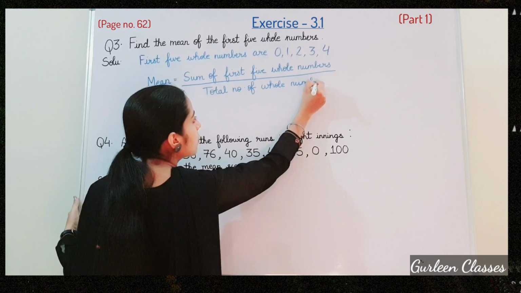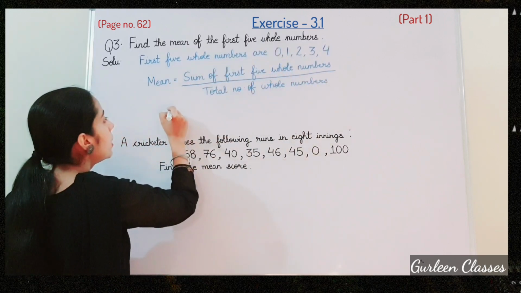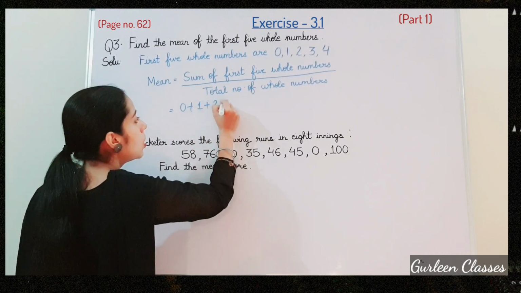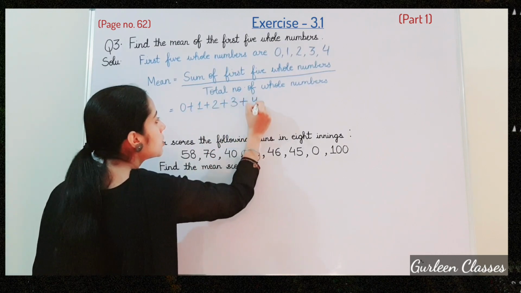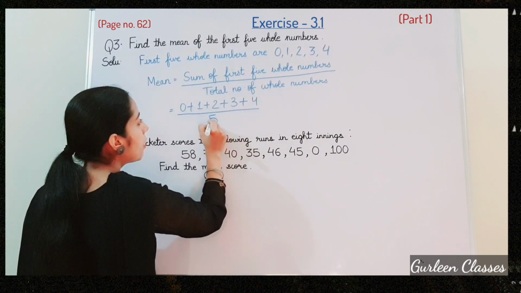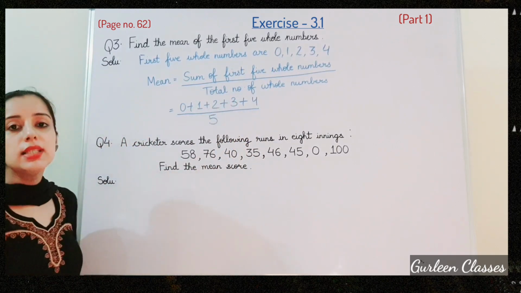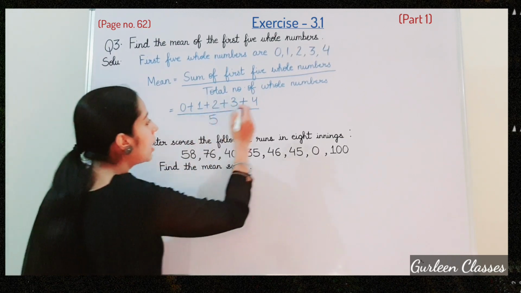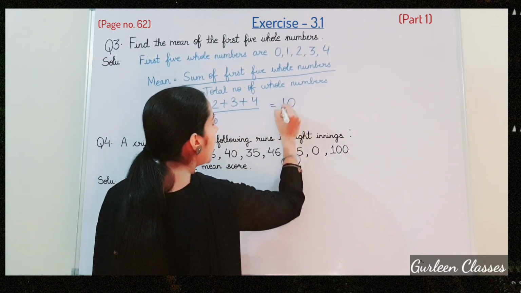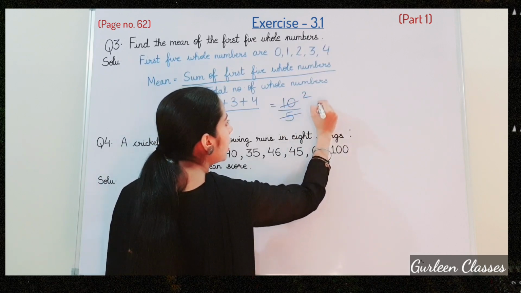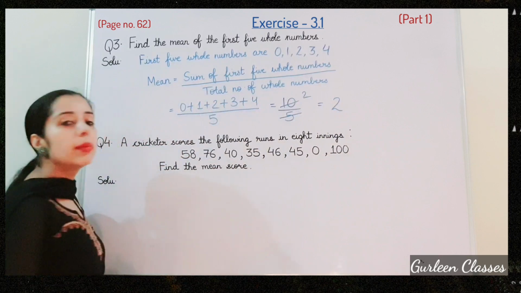So now let us find out their sum. Sum is 0 plus 1 plus 2 plus 3 plus 4 upon total number of whole numbers, which is 5. 4 plus 3 is 7, 7 plus 2 is 9, 9 plus 1 is 10. So sum is 10 and total number of whole numbers is 5. 5 2s are 10. So mean is coming 2.